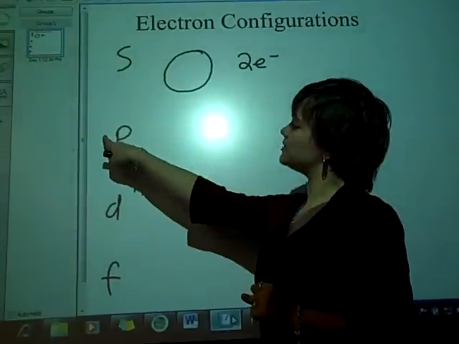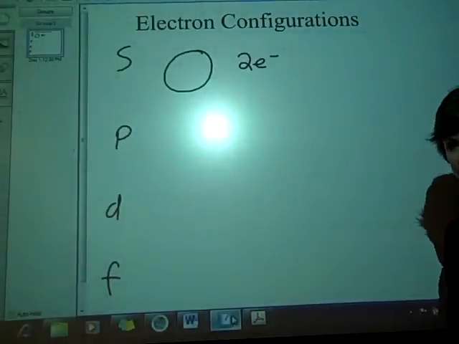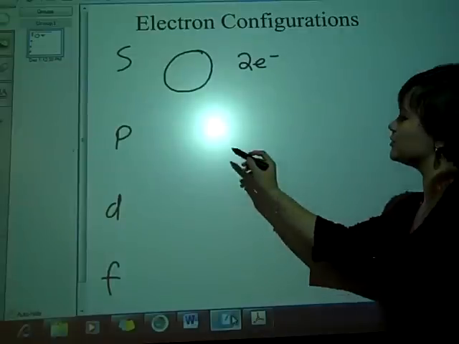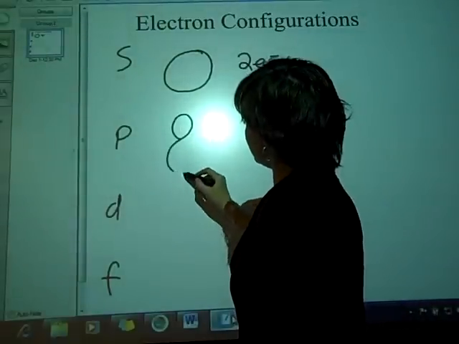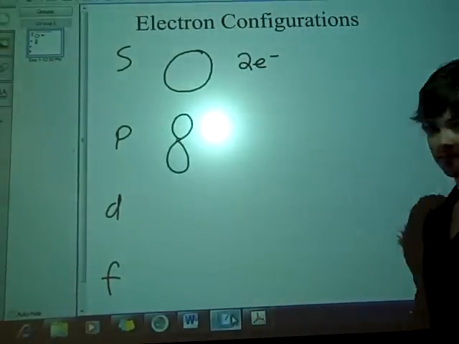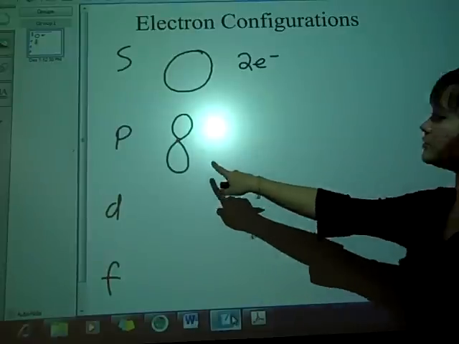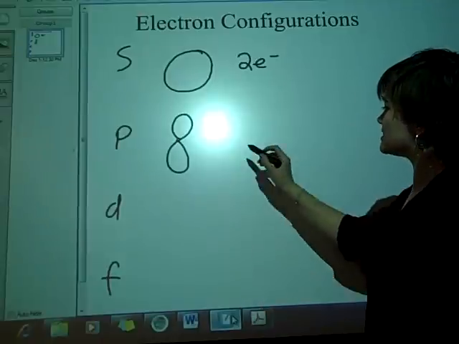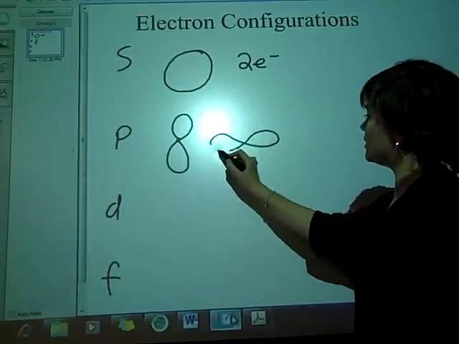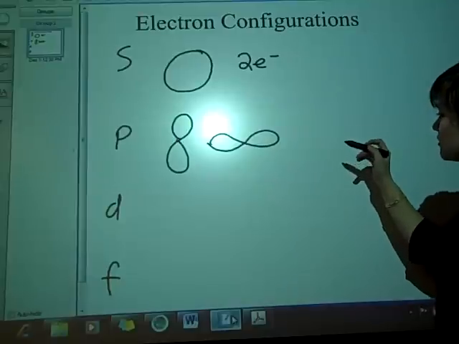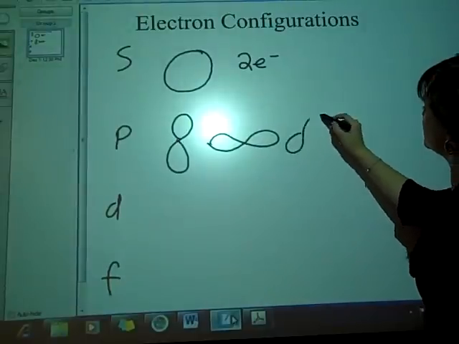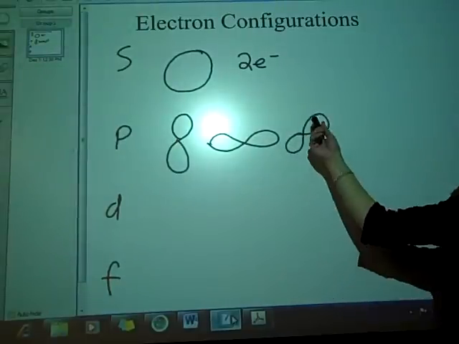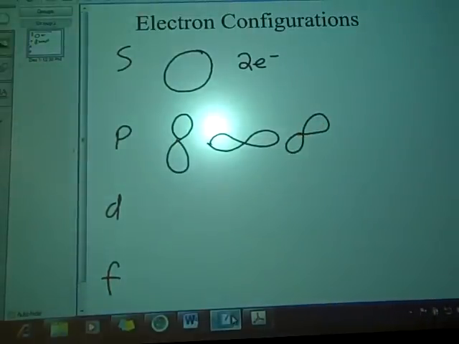The next type of suite that we can have is a p. This is a lowercase p to represent this type of orbital, and it looks like a dumbbell. Now in space, I have three of these dumbbells. One on the y-axis like this, one on the x-axis, and a third one, which I can't really draw, on the z-axis, so effectively coming out of the board.